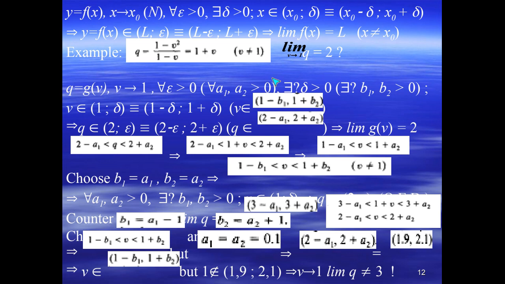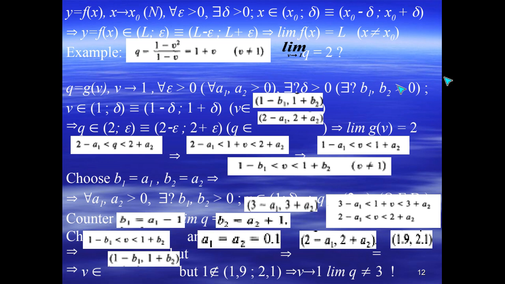Let's check that it's really 2 by this neighborhood definition of the limit. So q equals g(v), v goes to 1. For all epsilon greater than 0, or as the book says, for all a1, a2 greater than 0. Instead of epsilon, the book uses a1 and a2, an asymmetric interval.